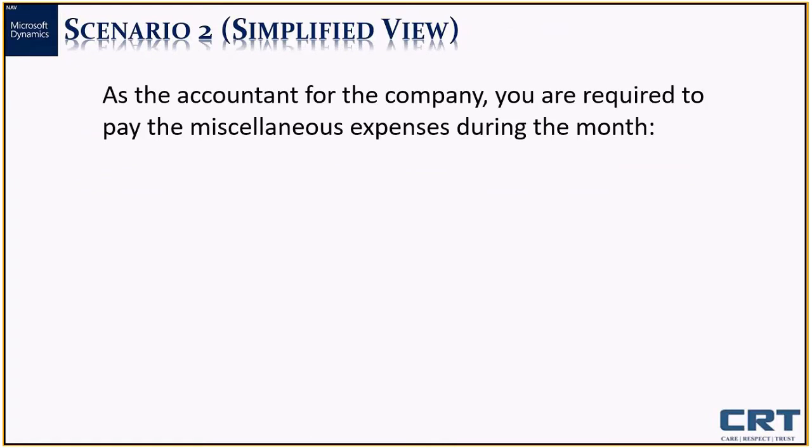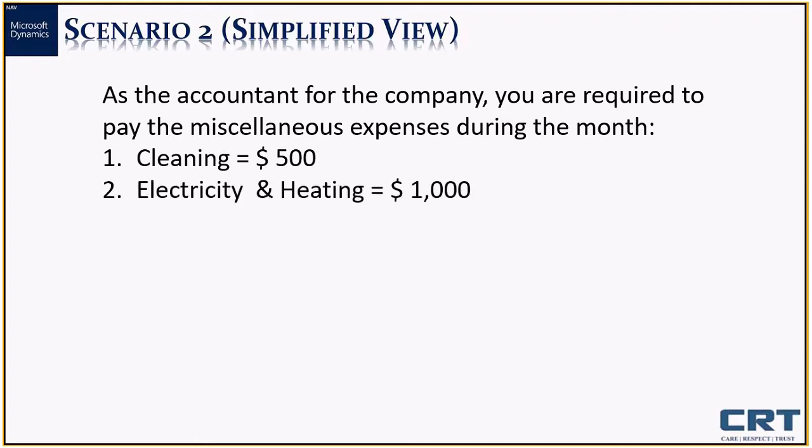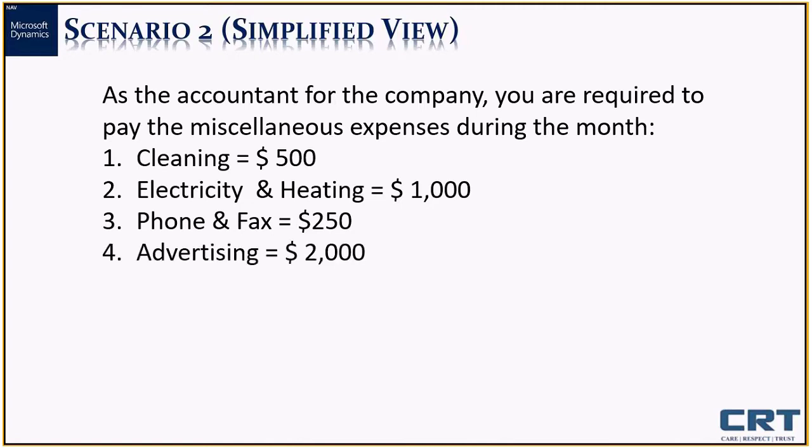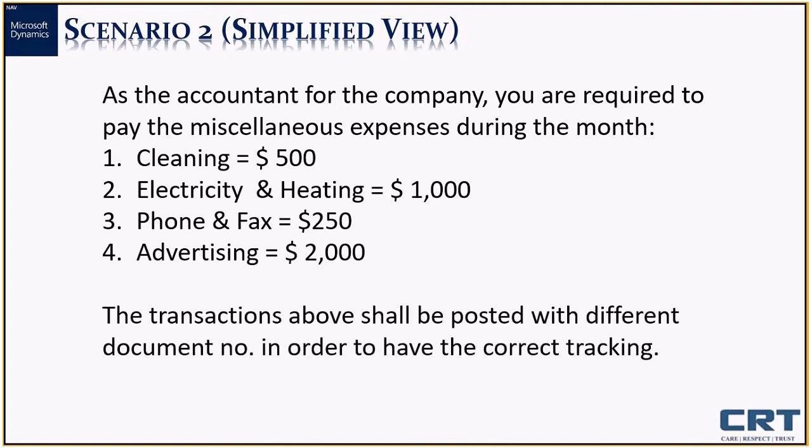As an accountant, you are required to pay the miscellaneous expenses during the month. Cleaning for 500, electricity for 1,000, phone and fax for 250, and advertising for 2,000. So all these 4 transactions should be posted with different document numbers in order to have correct tracking.